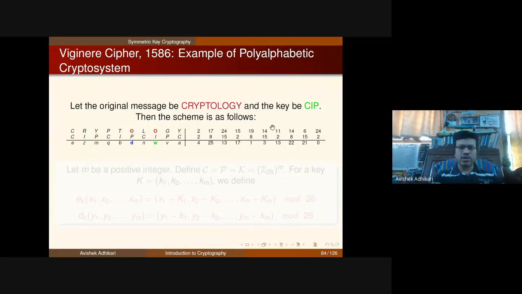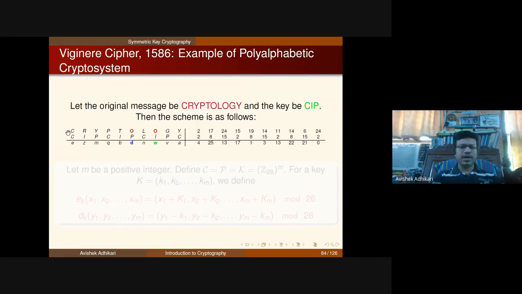So just have a look. Suppose my plain text is cryptology and my key is CIP. So this is my key, CIP. Now let's try to see how I can use this CIP on cryptology. As usual, we see cryptology.